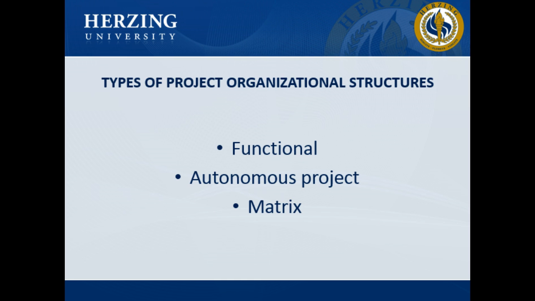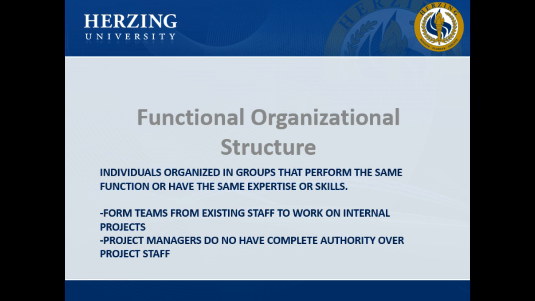The first is a functional structure. The second is the autonomous structure and the matrix structure. To give you an overview of each structure, we will look at them individually.